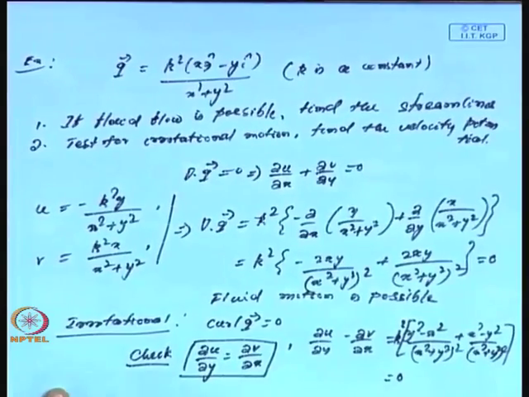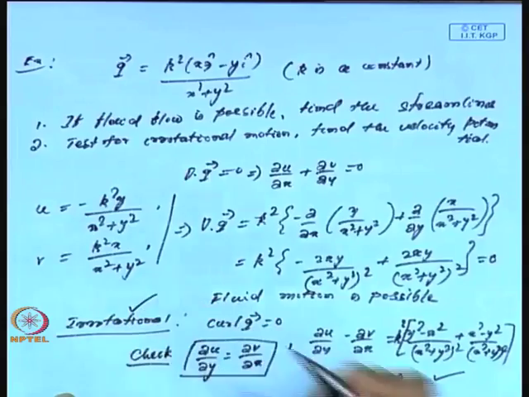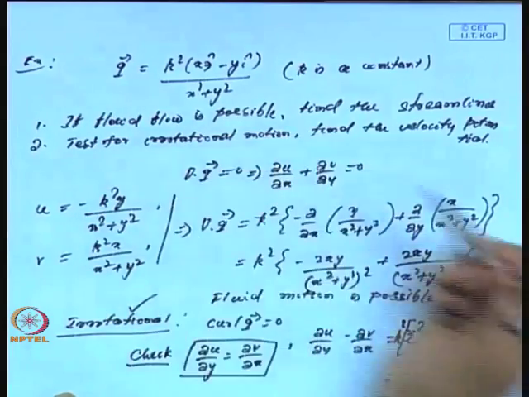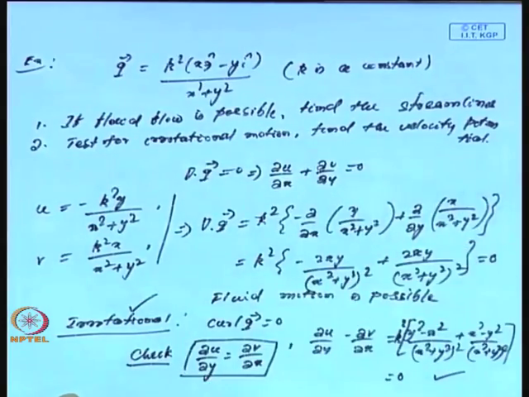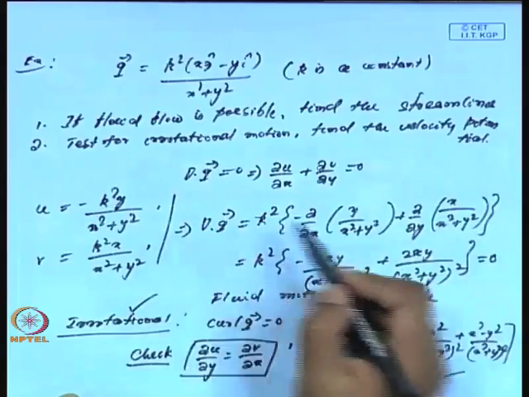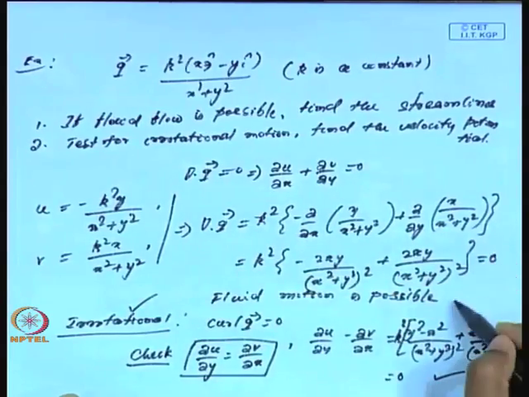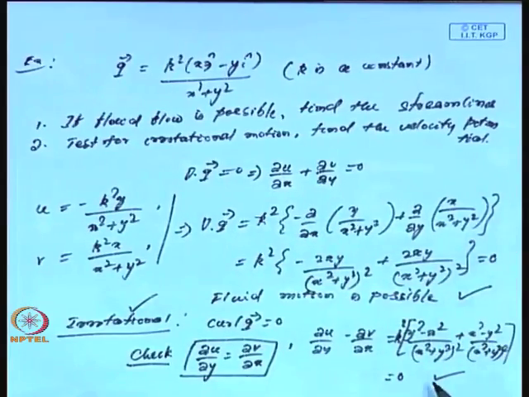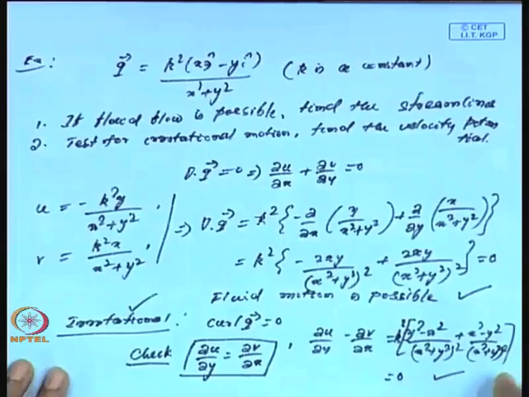Since this is 0, the flow is irrotational. So this is satisfied, and we have already seen that divergence of q is 0, so fluid motion is possible. So now we will go for the streamlines and the velocity potential.